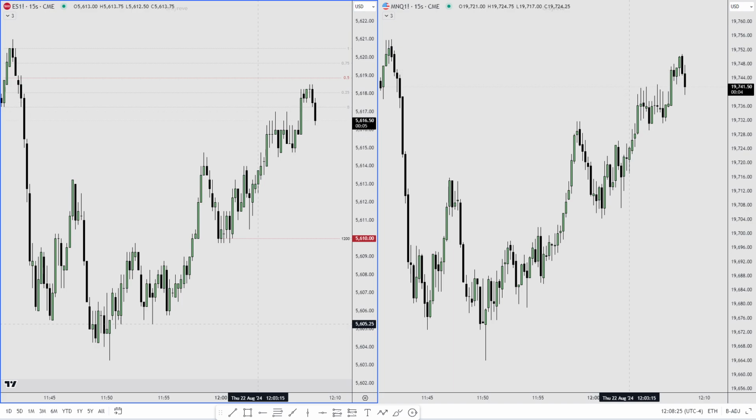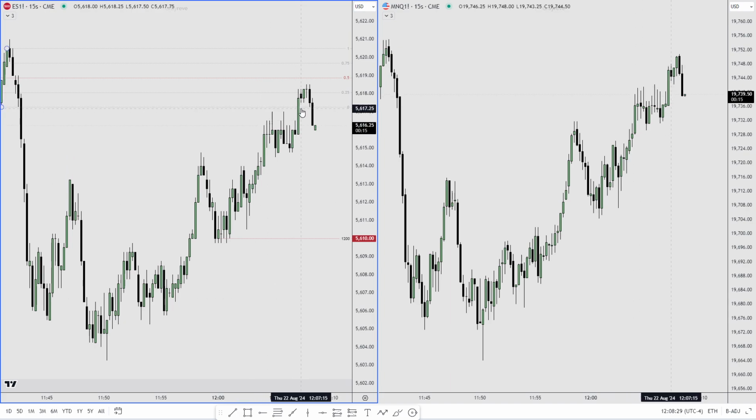Okay, so I am going to use this order block as the gauge. Once I get a closing price below this order block, I'm going to put in a short.